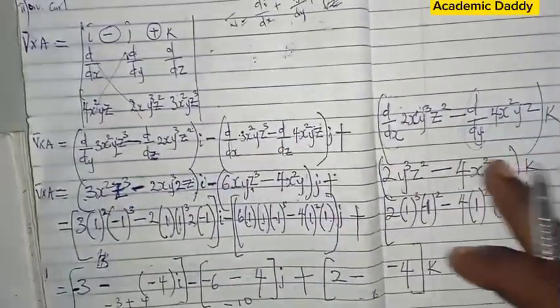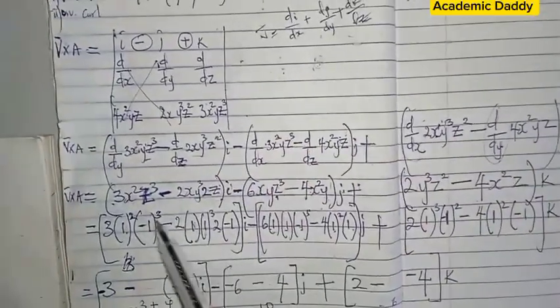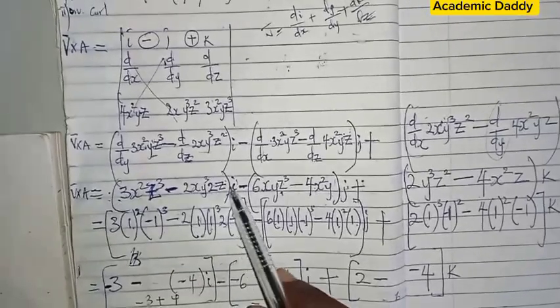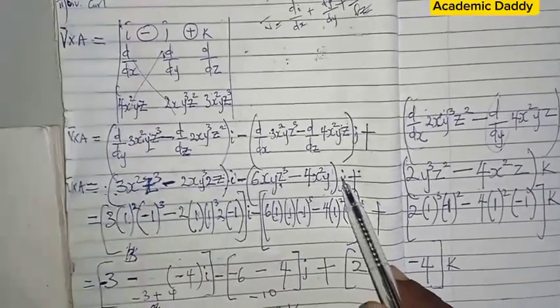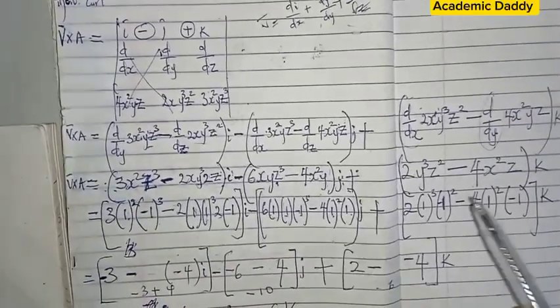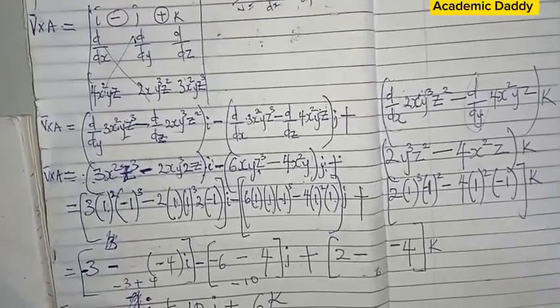So once you get your curl, remember how we got the curl. Taking the derivative of the i with respect to x, the derivative of the j with respect to y, and the derivative of the k with respect to z gives you the divergence of the curl.